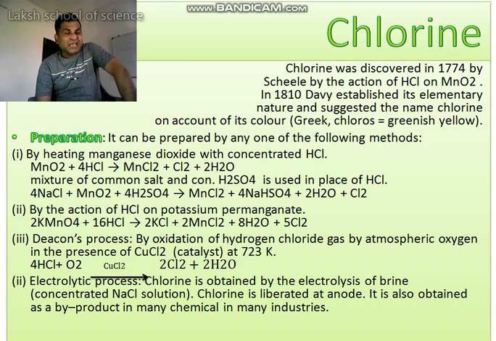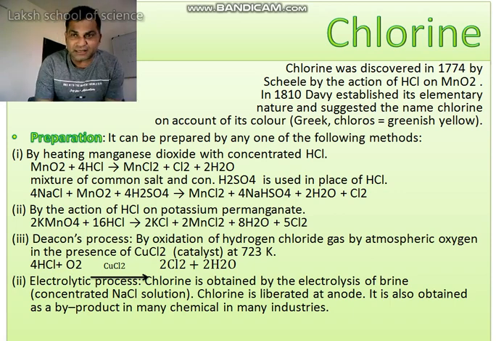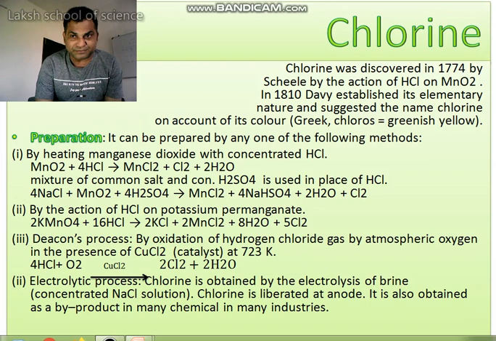Now, preparation. The preparation of chlorine can be done in many ways. In the laboratory, it is very simple to prepare chlorine: manganese oxide, that is MnO2, when reacted with concentrated HCl, produces chlorine. See this reaction.